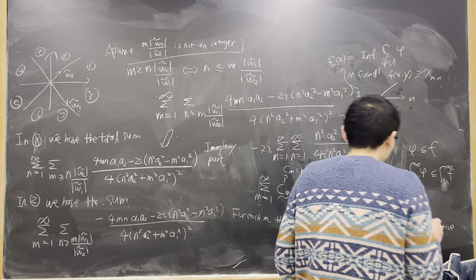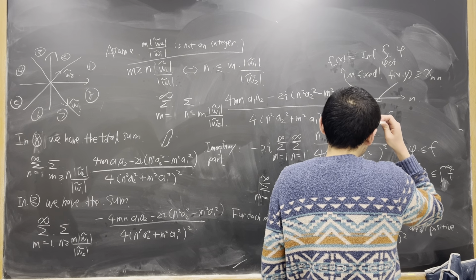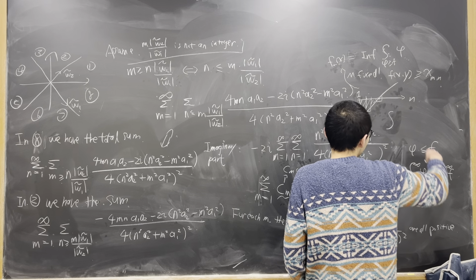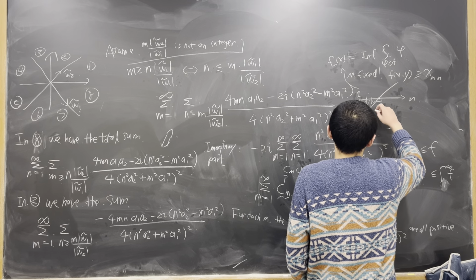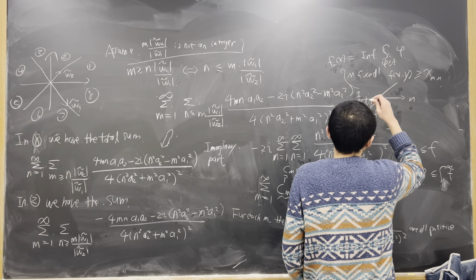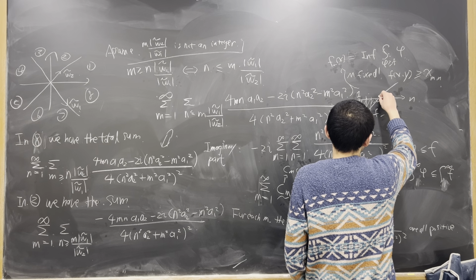I think this is true because if you think about this f as f plus and f minus, then for f minus, you basically break the phi into two parts.